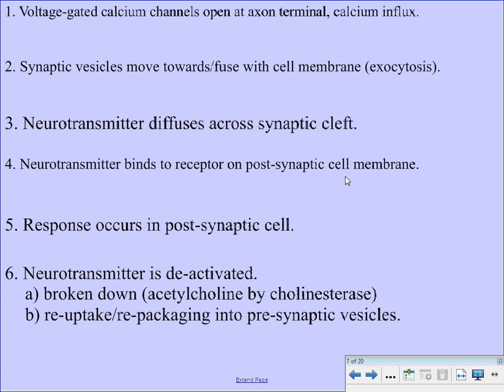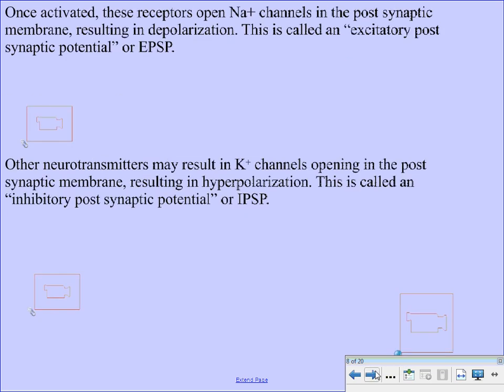Again, that response could vary. It could either be the opening of sodium channels, or it could be the opening of some other channels, leading to, instead of depolarization, hyperpolarization. And finally, we do need to remove that neurotransmitter. So in the case of acetylcholine, it is broken down by acetylcholinesterase or cholinesterase, and we do have the reuptake and the repackaging into the presynaptic vesicles.